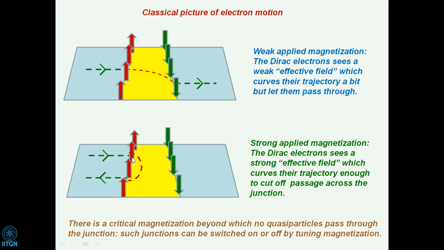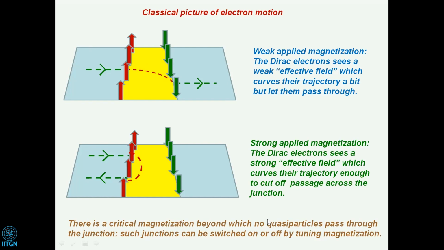However, if the magnetic field is very strong and it's over a small distance d on this edge, the curvature of the trajectory of the semi-classical motion of these Dirac electrons could be so large that they are turned back. Therefore, the statement is that beyond the critical magnetization, the electrons are not going to pass through this junction. Remember that this happens because of the fictitious magnetic field, and therefore this can happen only with the Dirac electrons on the surface of a topological insulator.